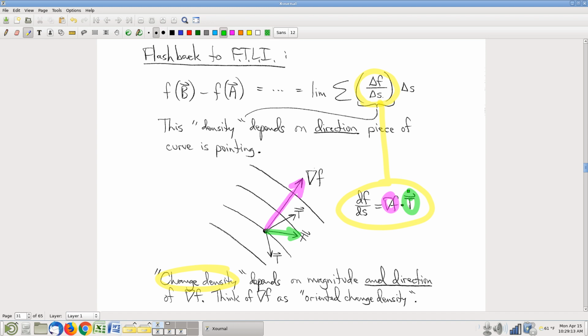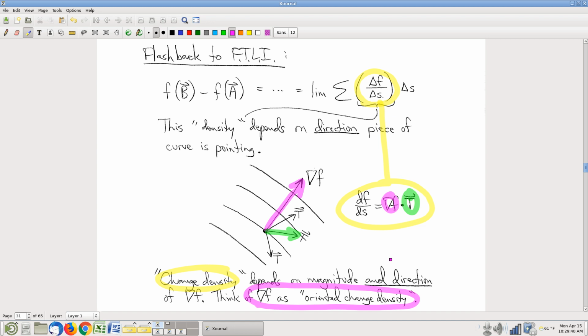Okay. So the name that I give to the gradient vector here is, I like to think of this as being something called oriented change density. This gradient vector is telling you two things. It's telling you how steep the mountain is, altitude per unit distance, change per unit size of the domain, however you want to say it.